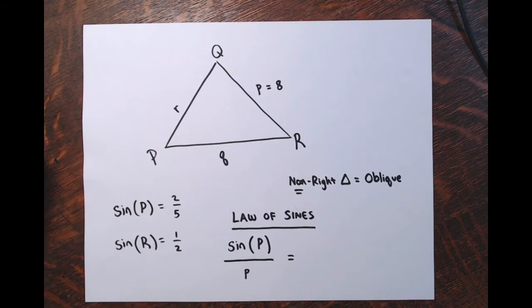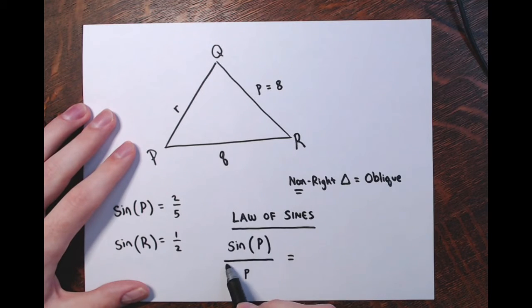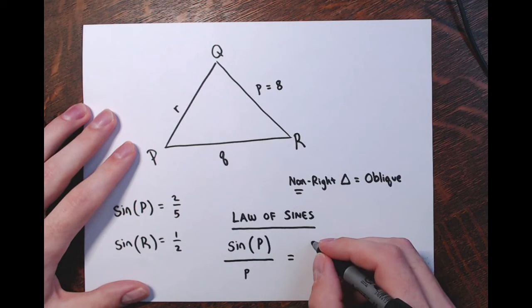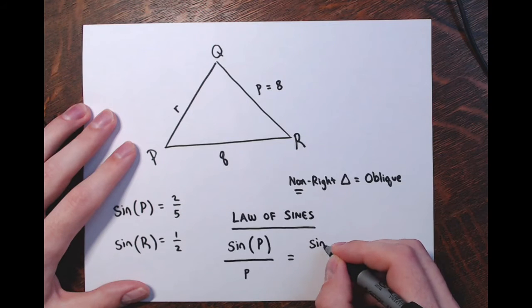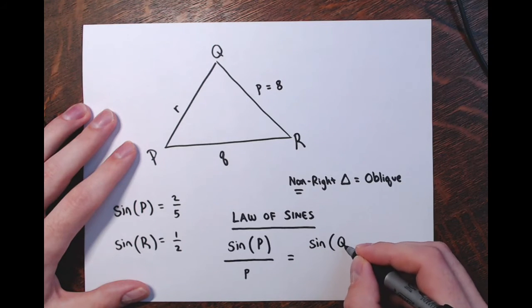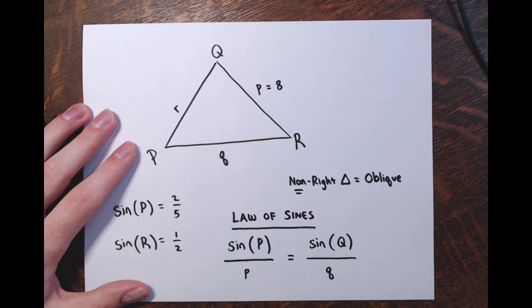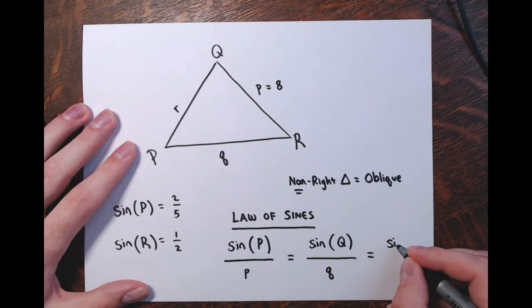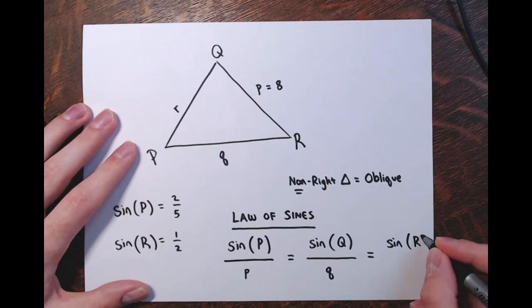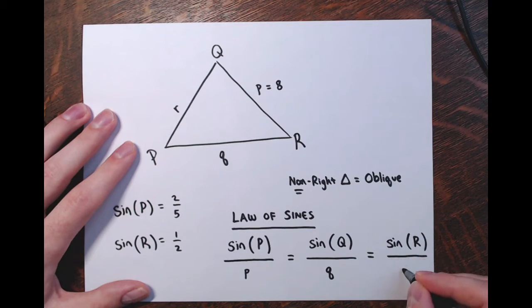So the sine of angle P divided by little p will be equal to the sine of angle Q divided by the side opposite angle Q, little q. And these two will also be equal to the sine of angle R divided by the side little r.